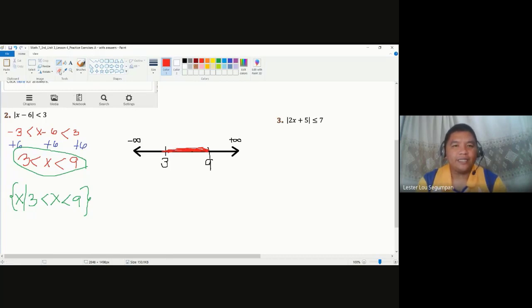I'm just going to erase it later because we know that 3 is not included and 9 is not included, as signaled by the symbol without equality. So erase. I have here erase as well. And then complete by adding parentheses. Parenthesis as well.